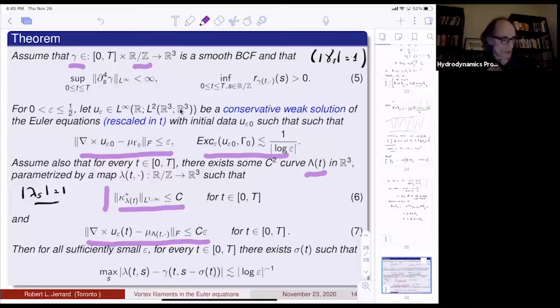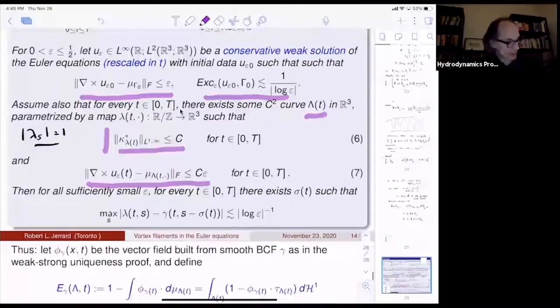And finally, I assume that the vorticity always remains concentrated around it on an epsilon scale around this evolving curve. The conclusion is then that the curve lambda, parameterizing the rough curve, is close to the curve gamma, parameterizing the binormal curvature flow. There may be some shift there. We can't really control where the parameterizations start and end, but after you shift, the parameterizations are close.